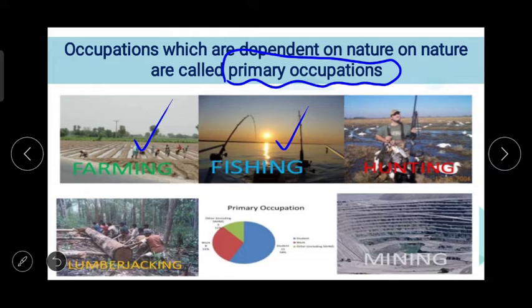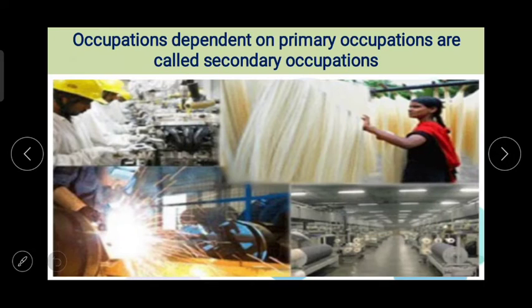Occupations which are dependent on nature are called primary occupations. For example, farming, fishing, then hunting, mining. These all are the examples of primary occupations. Animal husbandry and fishing. I'll go for the next one.